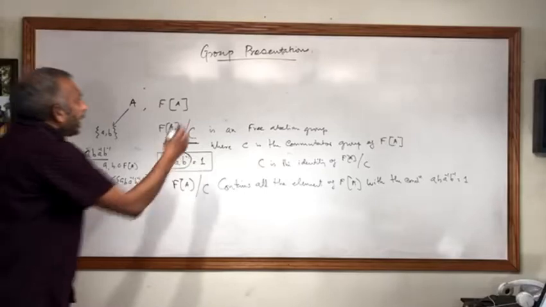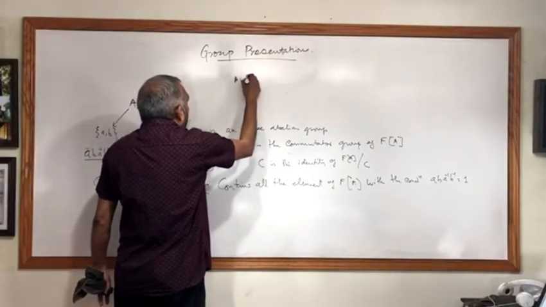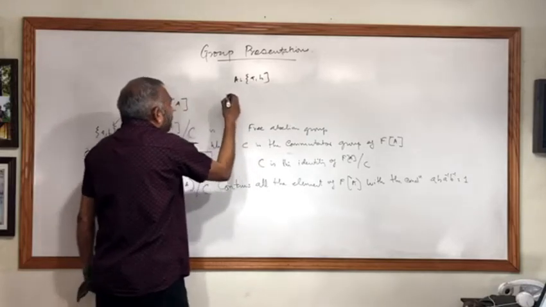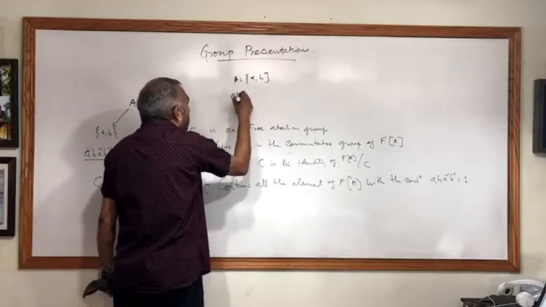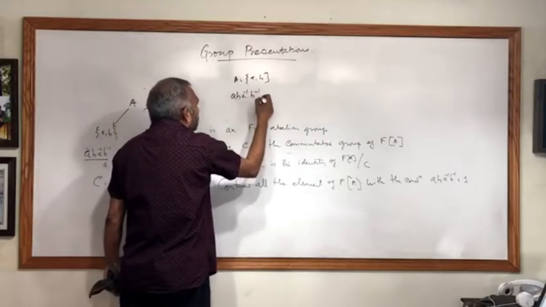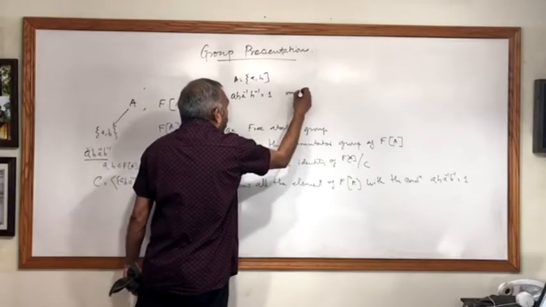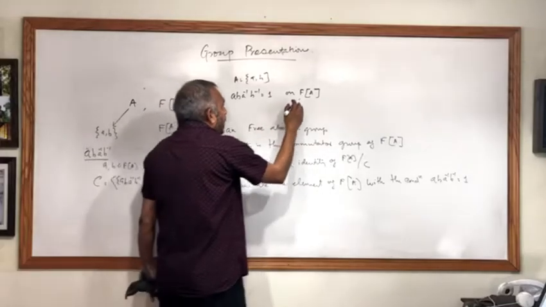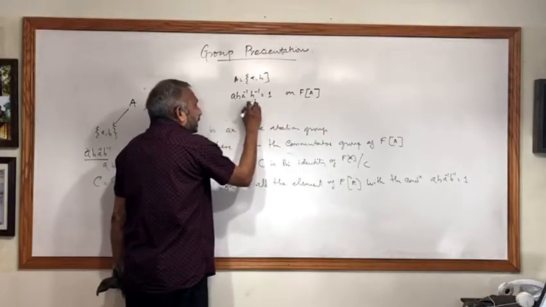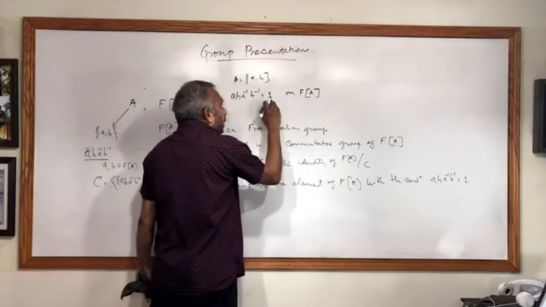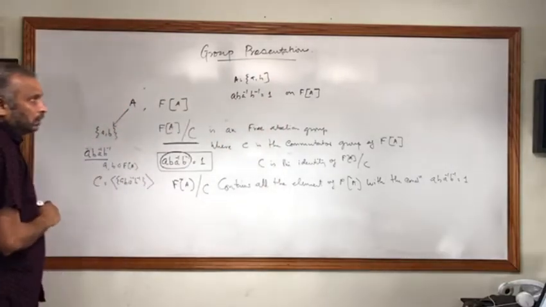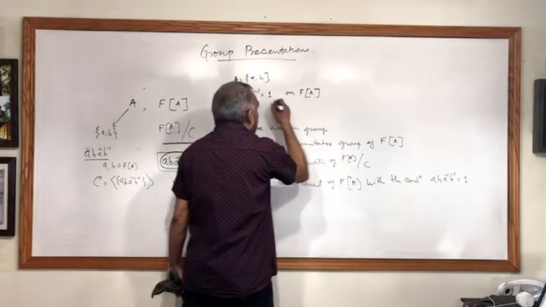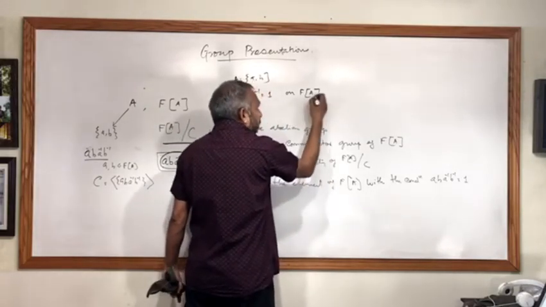So if A is equal to {a, b}, then if you put the condition A B A inverse B inverse equal to 1 on F of A, meaning whenever there is an element like this, that will be replaced by 1, then we will get a subgroup of this.